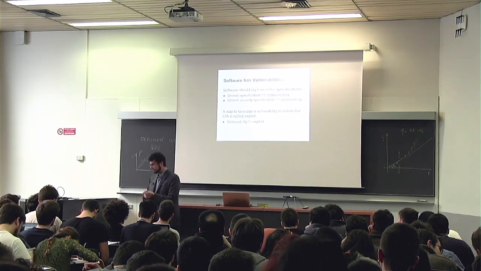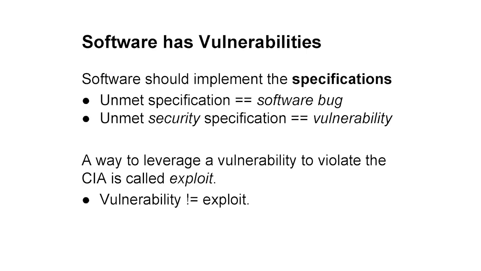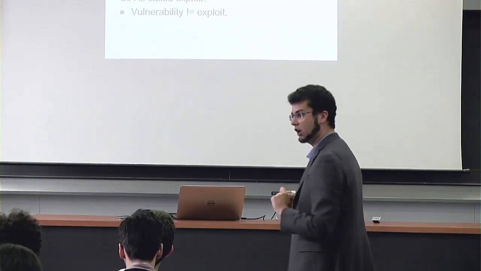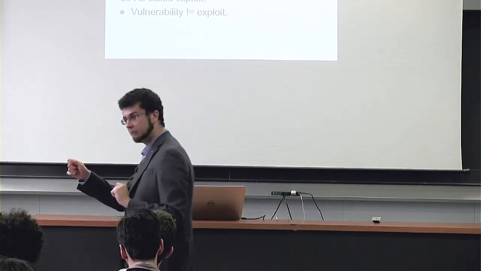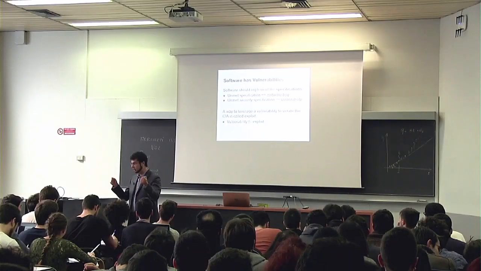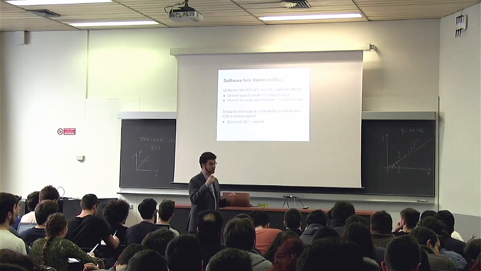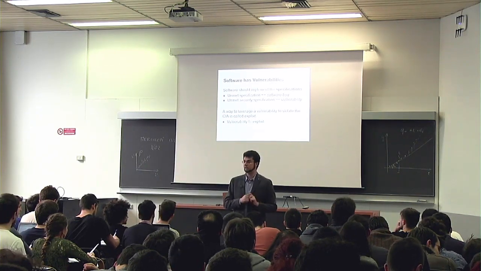Knowing the vulnerability is not the same as knowing the exploit. You will remember the example we made with lock picking and the vulnerability of locks. We can know the vulnerability and not be able to pick the lock. We can actually be taught how to pick the locks without being told what the vulnerability is.